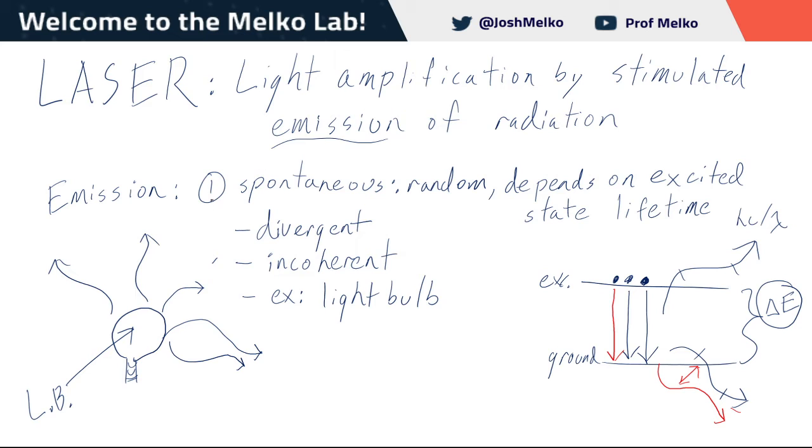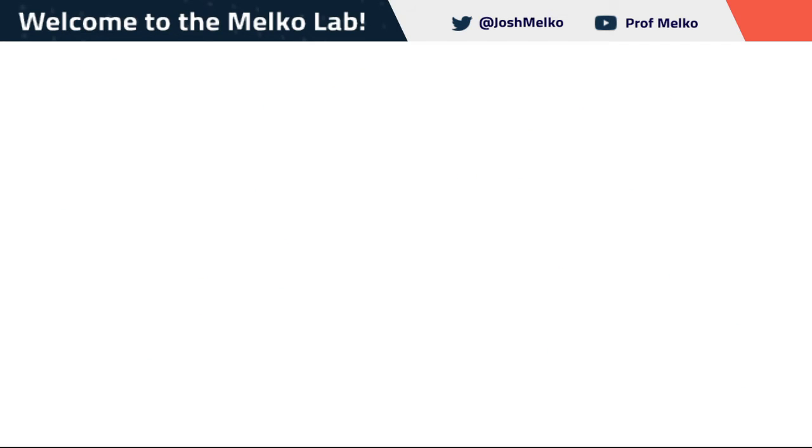Now, the other type of emission that can happen is the one we're concerned about today, stimulated emission. Okay, this is the second type of emission. It can be stimulated. And stimulated emission occurs when an incident photon triggers a photon emission.